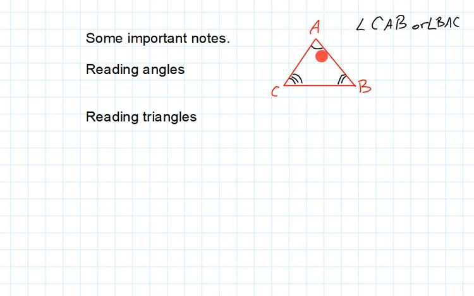So this is the angle you're talking about in this case. So angle A is CAB or BAC, where the line pretty much bends. That's what the angle is. So this is our first angle that we are looking at.